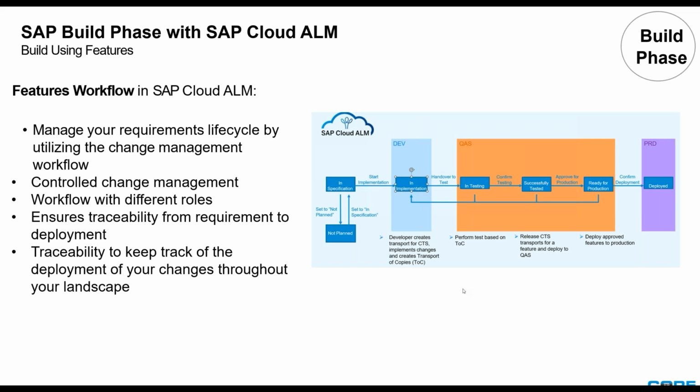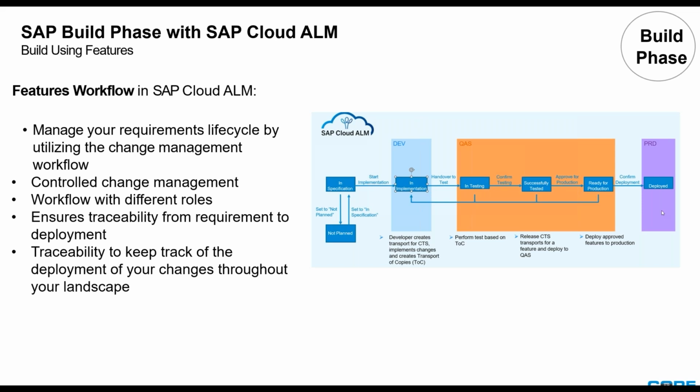But in addition to that, you'll also have some transport of copies capabilities where you can import that feature or the transport of copies into the next environment without actually releasing the transport. And then last but not least, you'll have an approval between ready for deployment and deployed, and when we go into a productive environment or when we're trying to deploy as a cutover, at that point, only features that are approved for production can go into that productive environment.